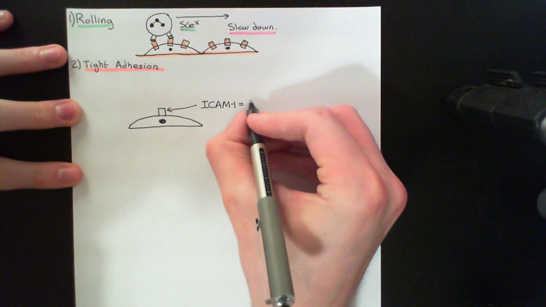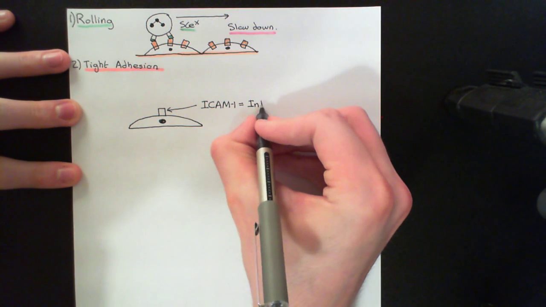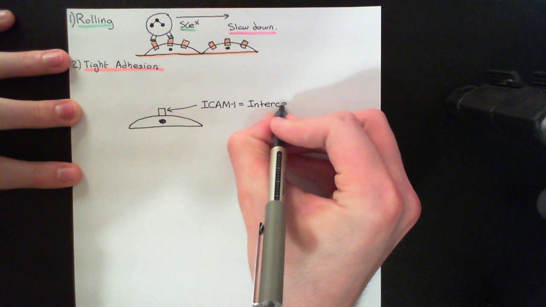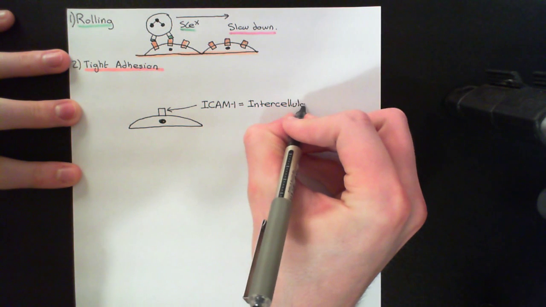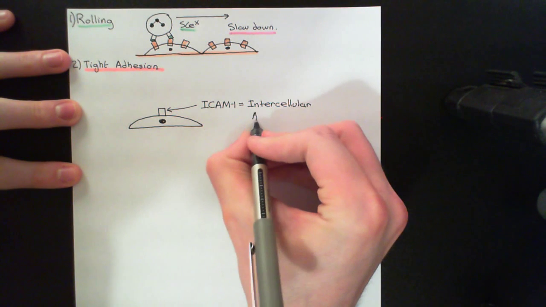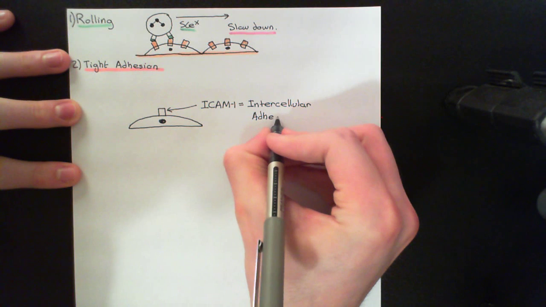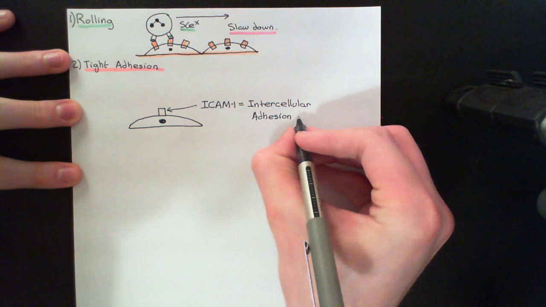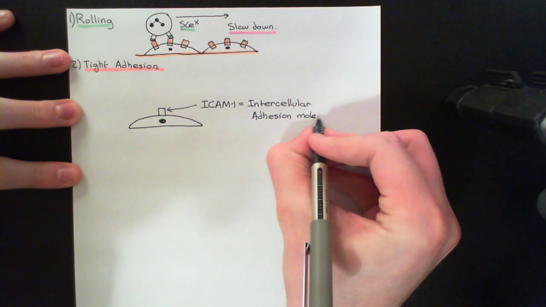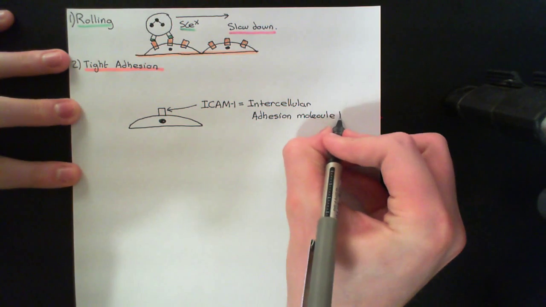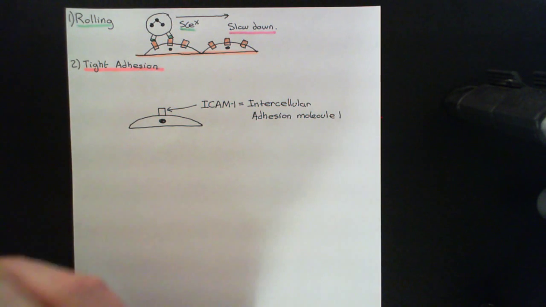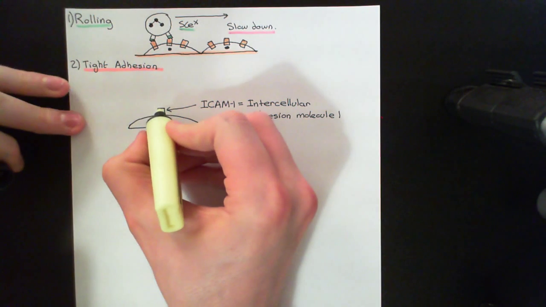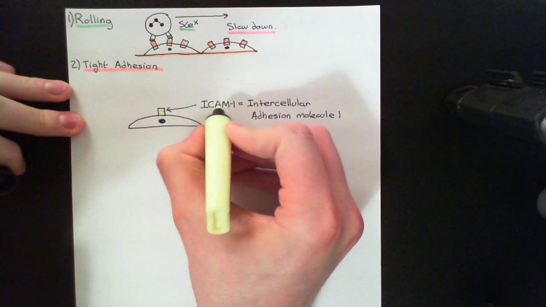And ICAM1 stands for intercellular adhesion molecule 1. So intercellular means between cells, and then it's an adhesion molecule, so it's going to form an adhesion between different cells. So intercellular adhesion molecule 1, ICAM1. And we'll have ICAM1 coloured in yellow here.